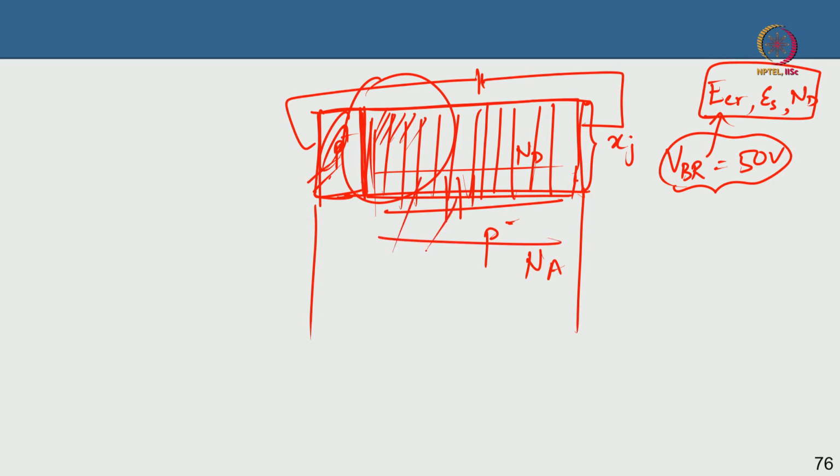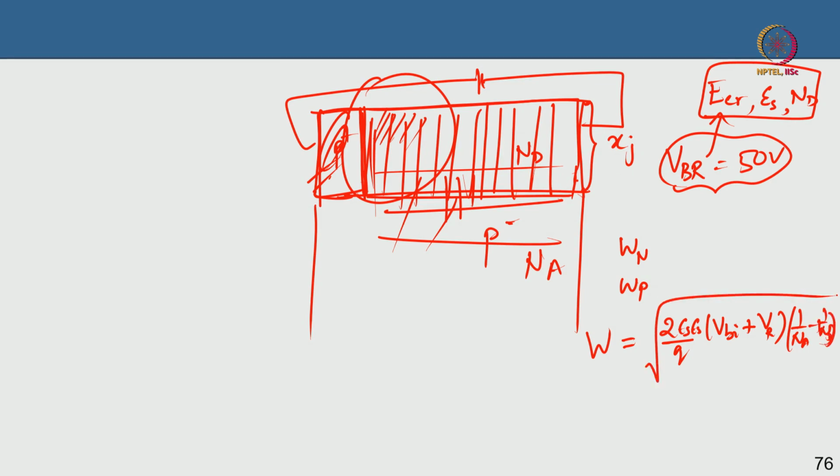Because the depletion is on both sides of the PN junction, there is a depletion on the N side and on the P side. The total depletion is the square root of 2 epsilon naught epsilon S by Q, times VBI plus V, the reverse bias voltage, times 1 by Na plus 1 by Nd. This is the classic expression, but this is the total depletion.